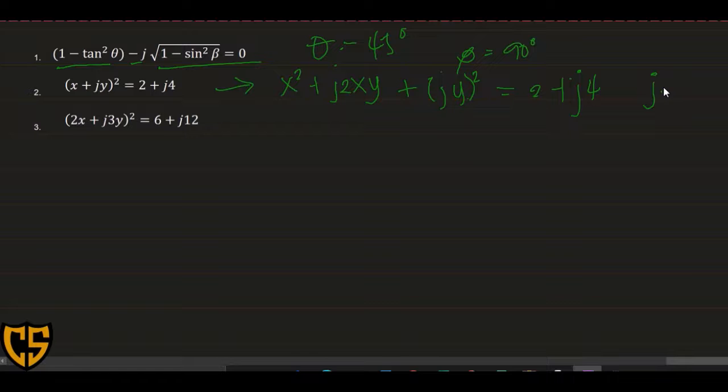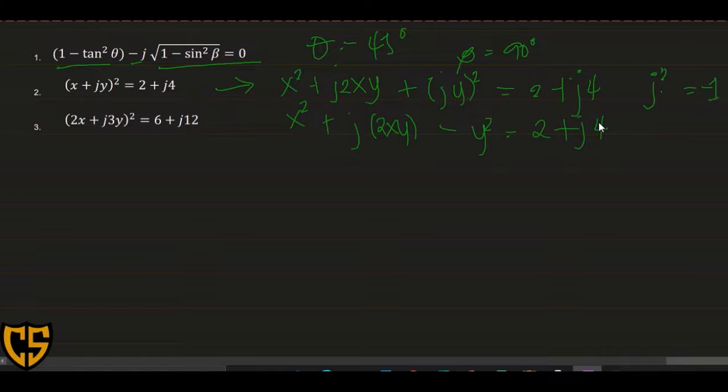j squared is equal to negative 1. So substitute na lang ang value. So this will be equivalent to x squared plus j times 2xy minus y squared is equal to 2 plus j4.